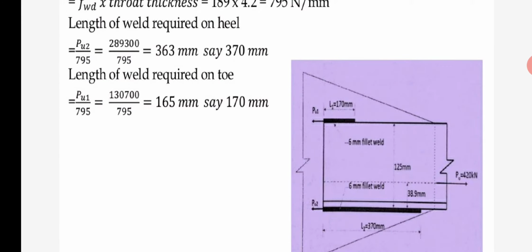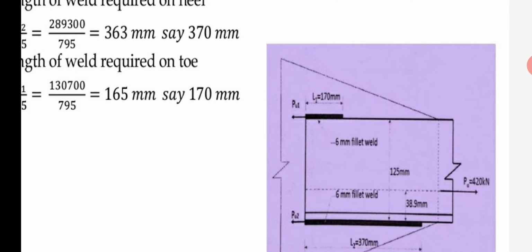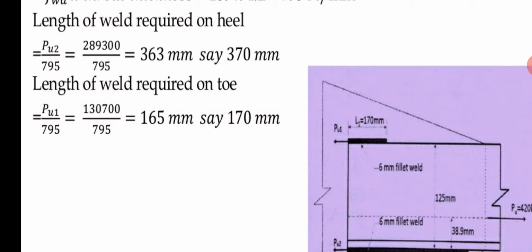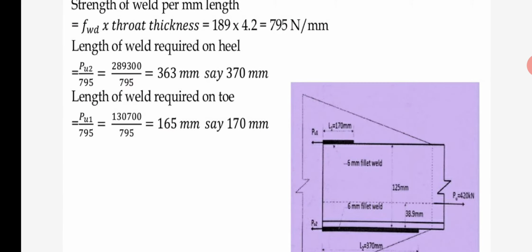To find the length of weld on the heel, we divide PU2 by the strength of weld per mm length. PU2 is 289,300 Newton divided by 795. It means 363 mm. We can say 370 mm length is required.